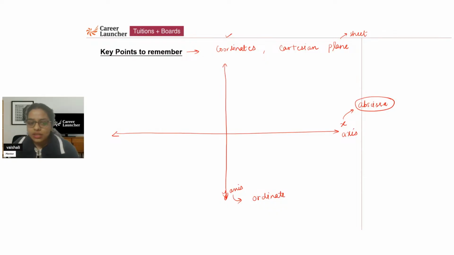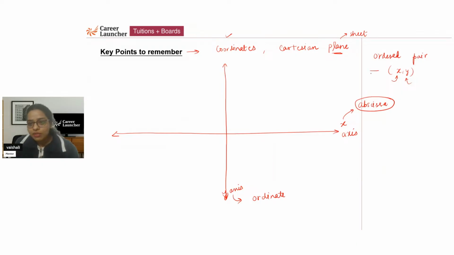Now what else? If I want to represent any point on this Cartesian plane, we do it via an ordered pair. What is an ordered pair? Any ordered pair looks like (x, y), where it is set and defined that first we present the value of x, and after that we represent the value of y.